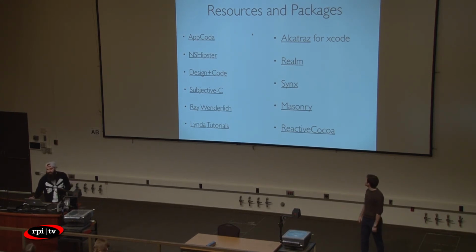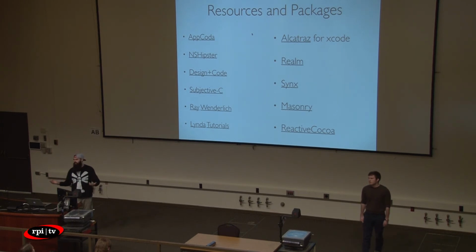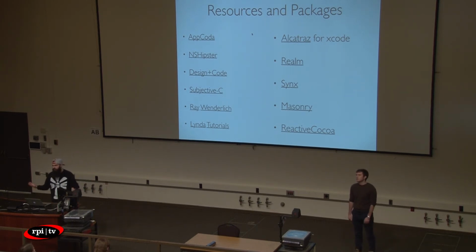On the right-hand side, we've got things like Alcatraz, which is a package manager for Xcode, which allows you to implement things like color schemes or maybe autocomplete for different things, or changing it so that when you type a color, it immediately displays the color next to the code so that you can see what you're doing. Stuff like that, all doable through Alcatraz, which is a super simple package manager.